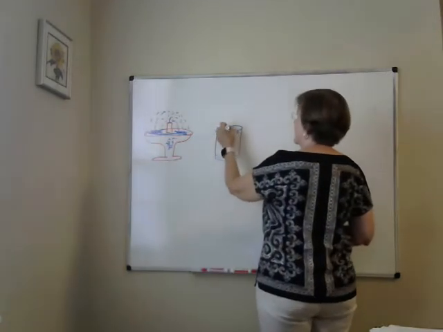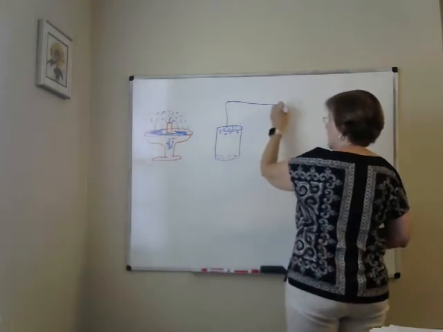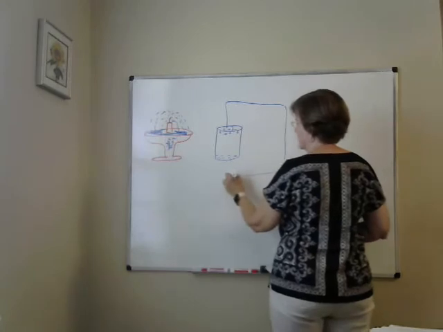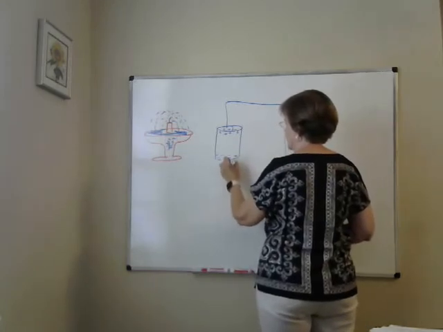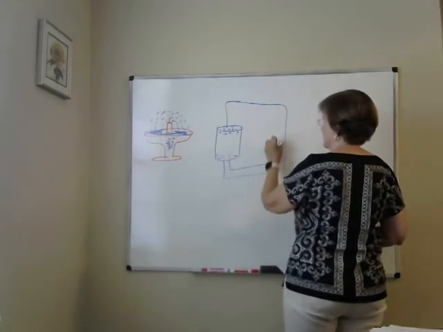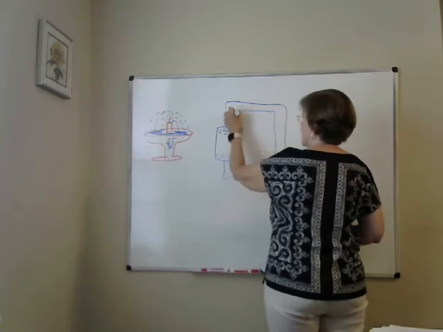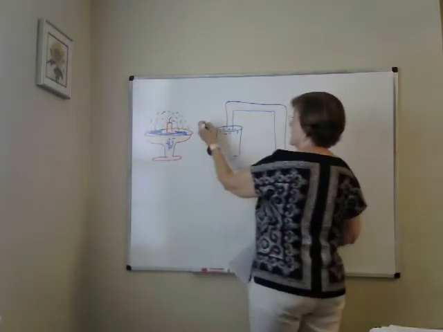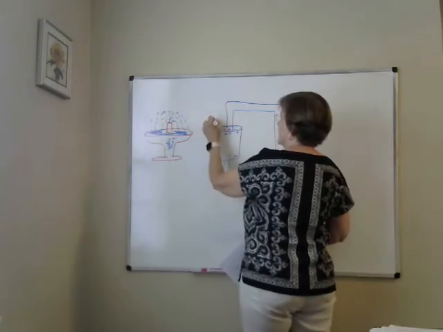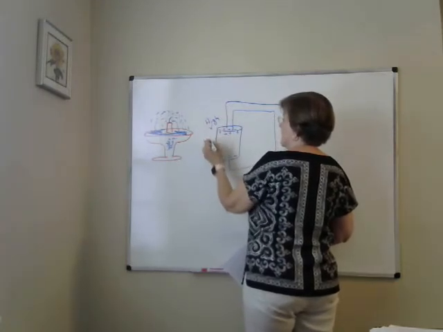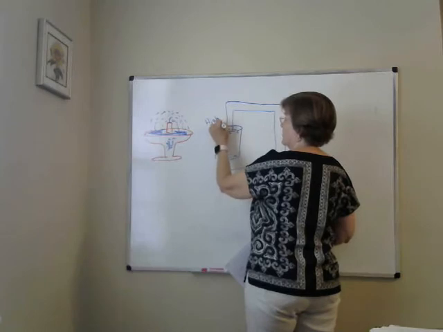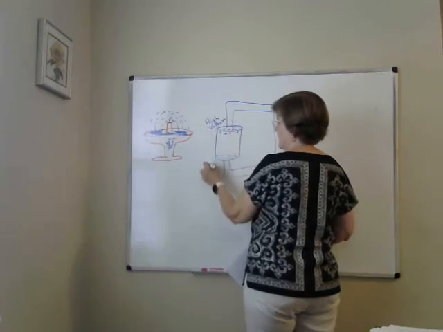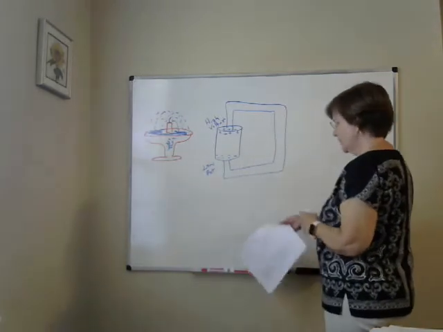Now, if we have a piece of wire, we think of this being high potential. Potential is the same as voltage. And this is being low potential. Just like you can think of high pressure and low pressure.